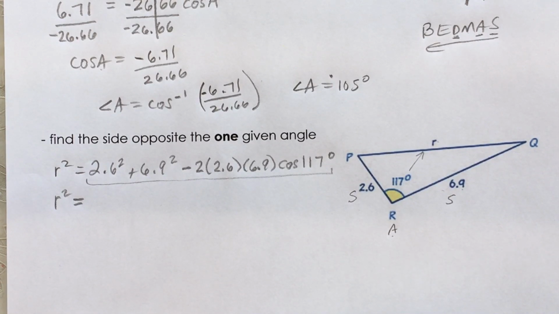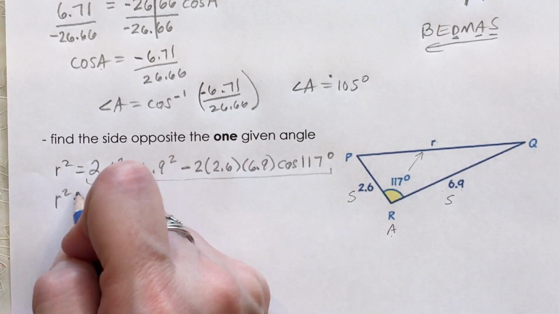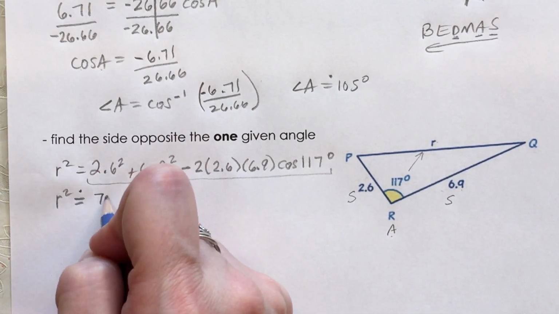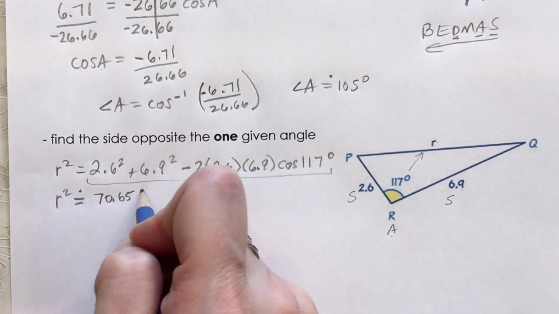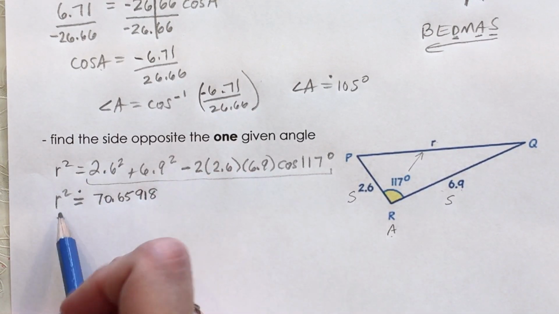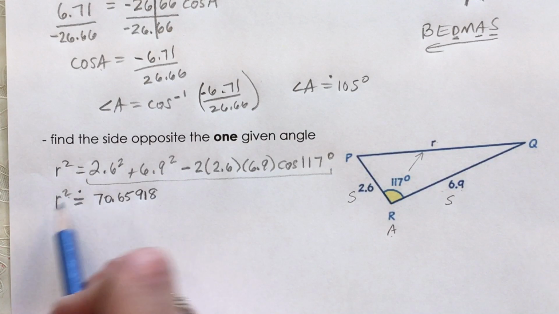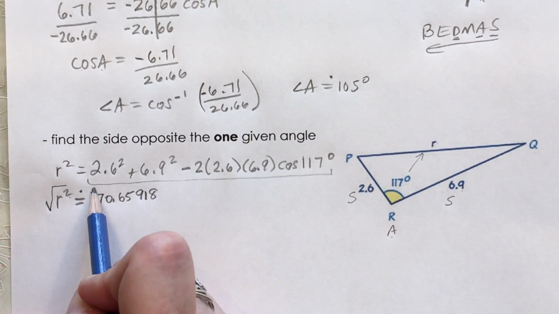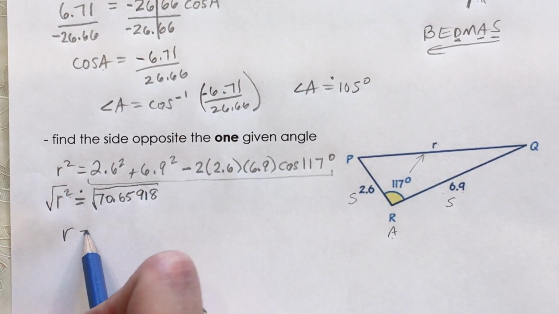And if you type that in properly, you get approximately, because I'm going to round here, 70.65918. But that's r squared, and we want r. So then we have to square root both sides, and then we get r.